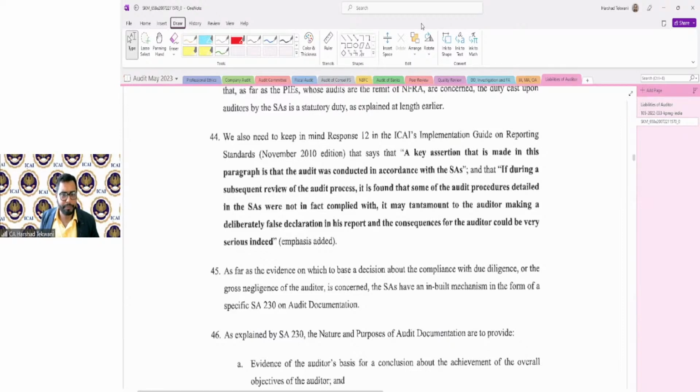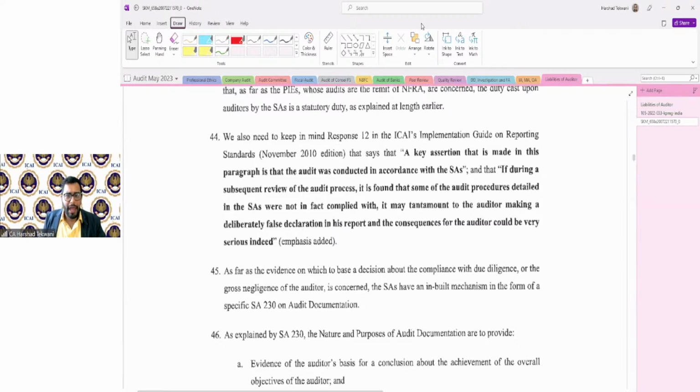So various provisions are enumerated in this particular order. I'll be sharing this order with you also. Go through it, have a read on this particular order. A lot of things have been clarified, and discussions have been put into it, with respect to all the factual evidence and documentary evidence, on how a professional misconduct, how the liability is decided.